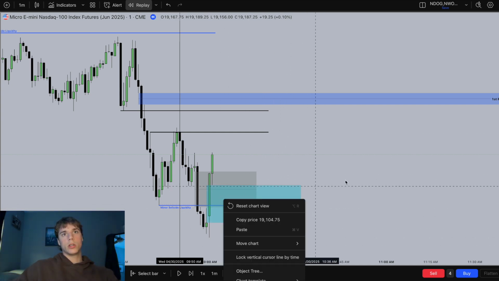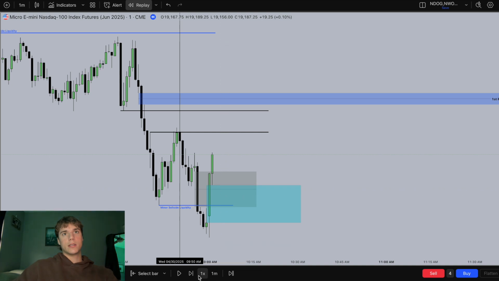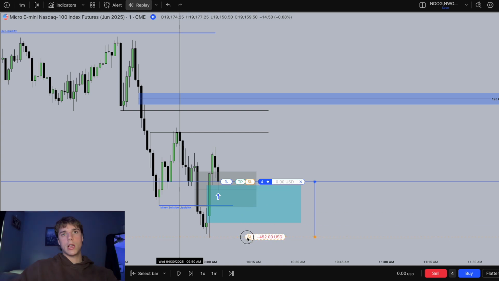So now we're looking to enter inside of this fair value gap to the upside. So right here, we buy 4, put our sell stops at this swing low, and I'm gonna take 2 off here, and then 2 off at this high.